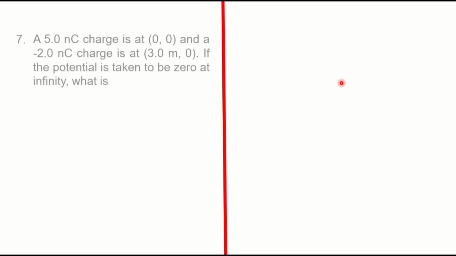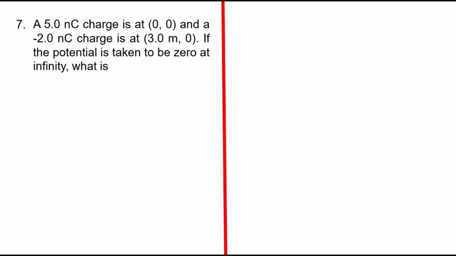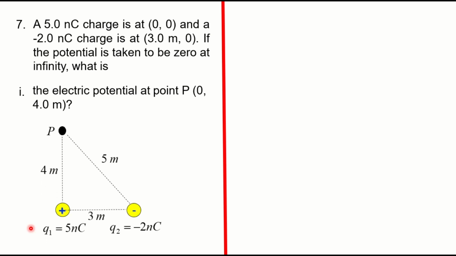Okay, moving on to question number 7. We have two charges, one is 5.0 nanocoulomb and another one is negative 2.0 nanocoulomb. The charges are 3 meters apart, and they want us to calculate the electric potential at point P. So we sketch.